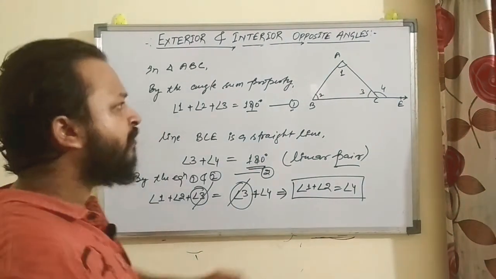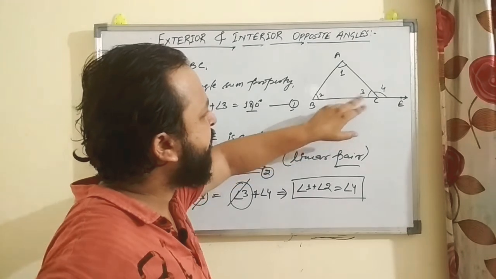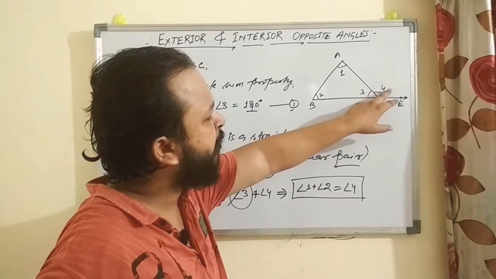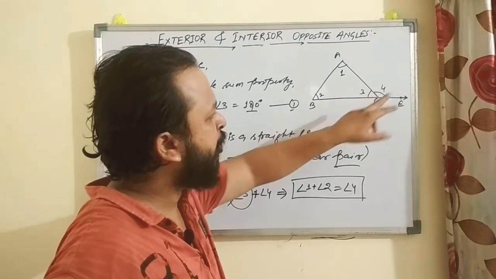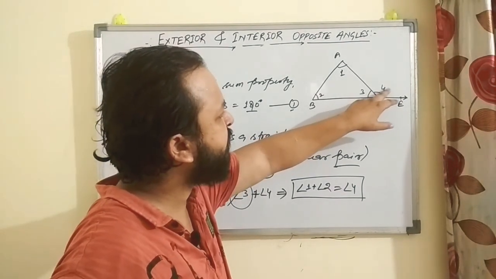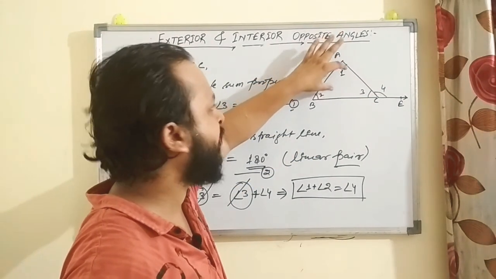Right? So one thing that should be clear in your mind is that if we are talking about this exterior angle, and it is along with angle 3, it means the exterior angle is the sum of the other two angles of a triangle, right?